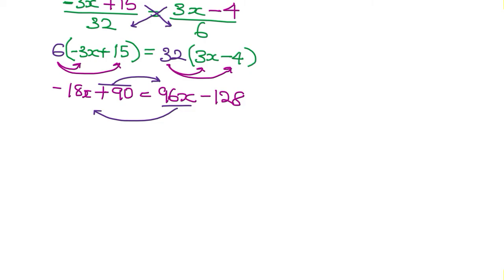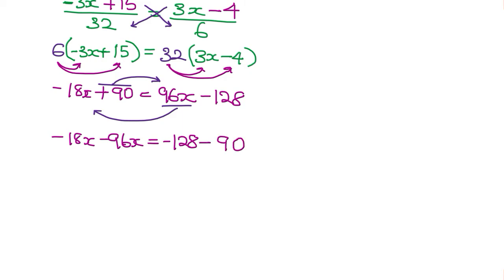So as a result, we have negative 18x, and on the right side we have positive 96x. If it moves over to the left side, it becomes negative 96x, and this is equal to negative 128. And on the left side we have positive 90. We move it over to the right side, it becomes negative 90.